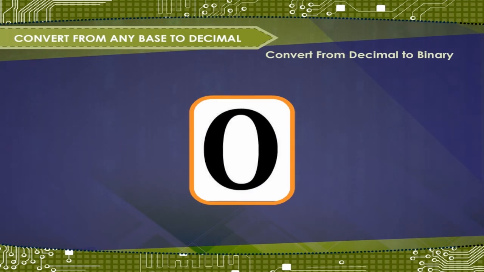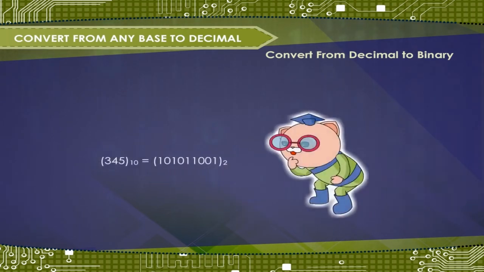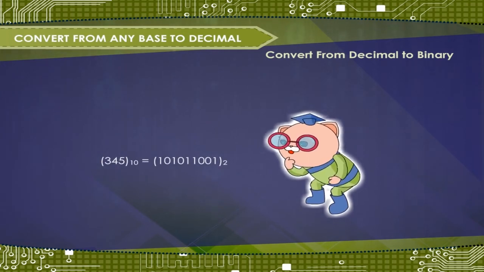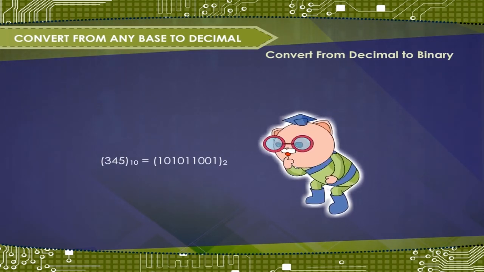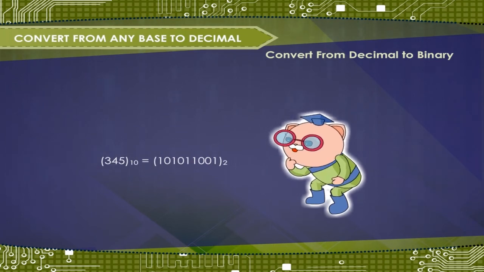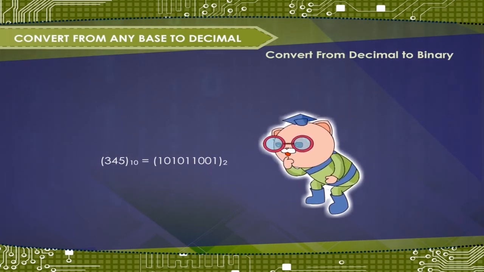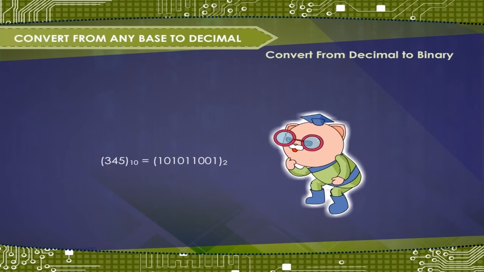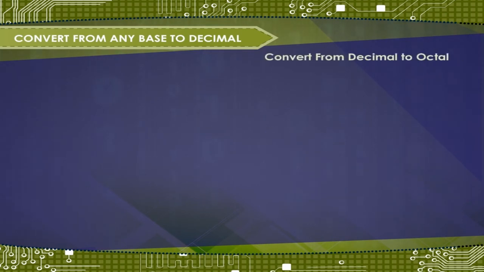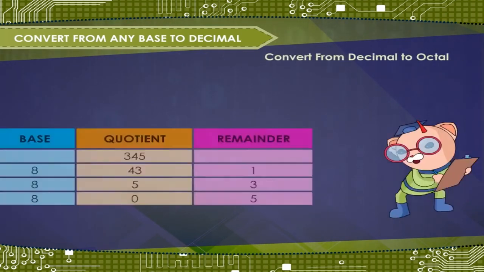Write the remainders in reverse order, as shown before representing the decimal notation. So the answer is 345 base 10 is equal to 1010110001 base 2.